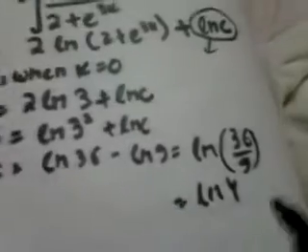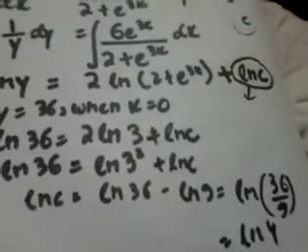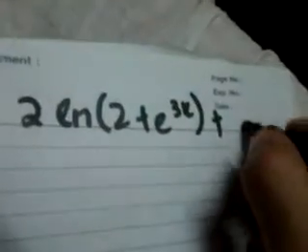Therefore ln c is ln 4. Now let's substitute the constant ln c as ln 4. Now we need to isolate y.